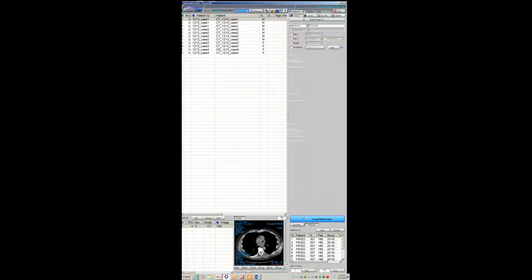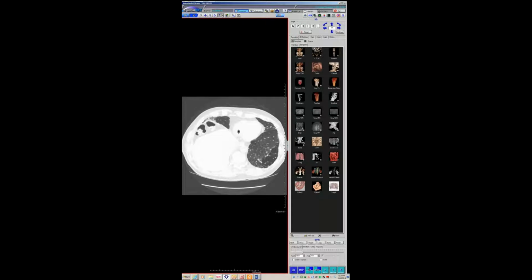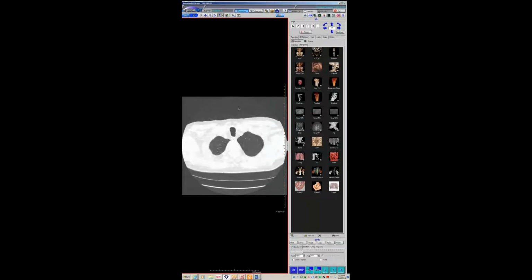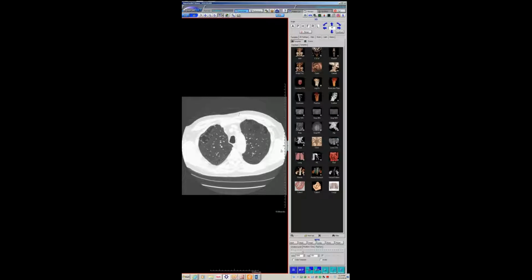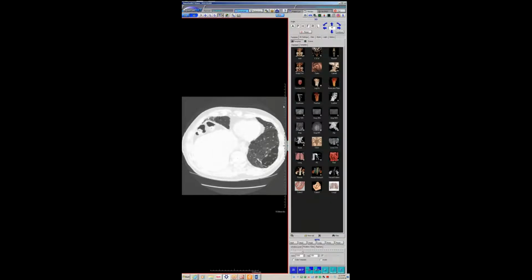Let's see, I don't remember what this case was. This was interesting. So here is this person with, we see this all the time, right? A smoker, has whatever you want to call this, emphysema, some strange cystic change, and then has a structure, and I always just assume it's this big focus of emphysema.